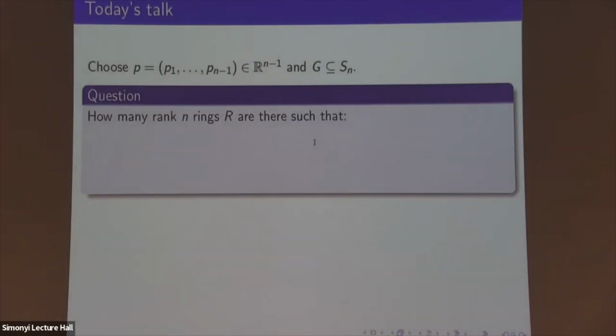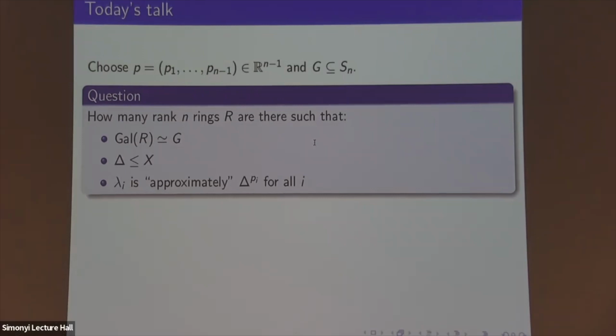How many rank n rings R are there such that the Galois group of R is our prescribed group G, the discriminant is bounded by some positive real number x, which you should think of as being very large, and the ith successive minimum of R is approximately the discriminant to the pi for all i? So this "approximately" needs to be quantified, and I will quantify it later in the talk. All right, does this question make sense to everyone? Cool.